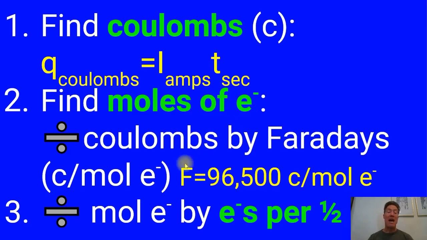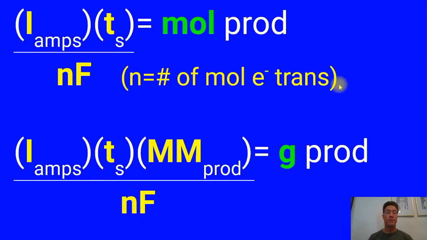And then once we have that, we're going to figure out how many electrons per half reaction we're talking about. So in some reactions, for example, if we're reducing Al3+ to aluminum, we need 3 moles of electrons per every mole of aluminum that is reduced.